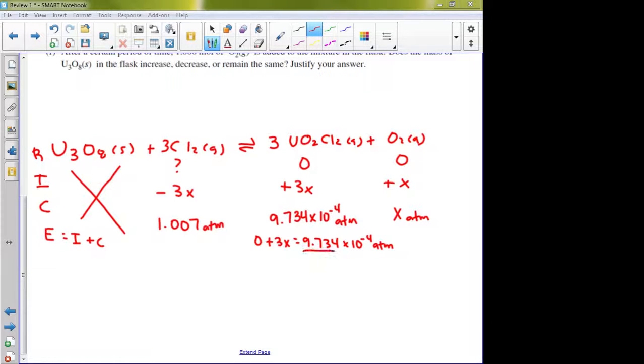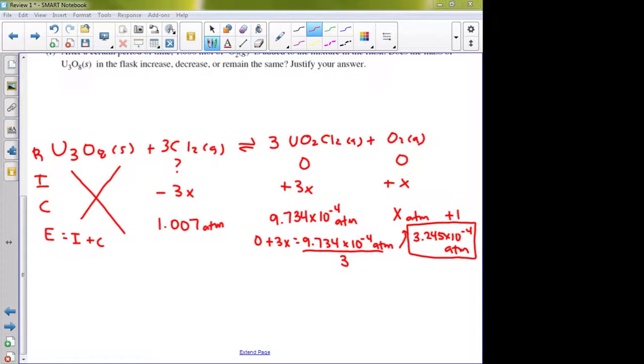So I take this and divide by 3, and my x is equal to 3.245 times 10 to the negative fourth atmospheres. And I get a point.